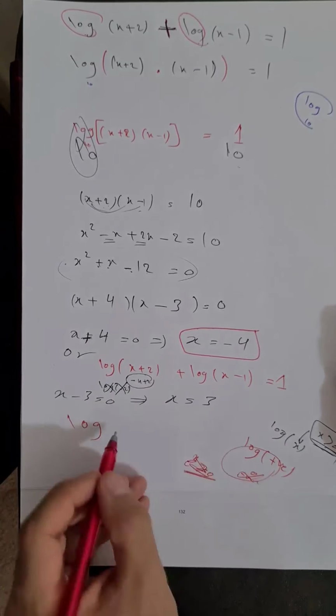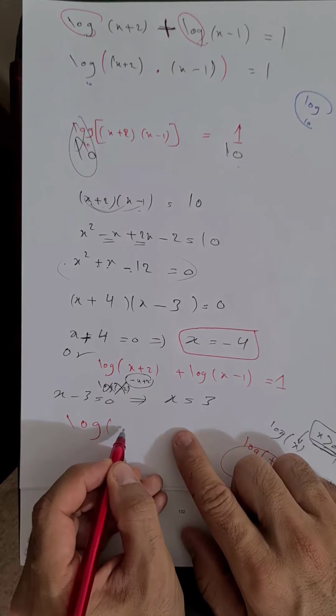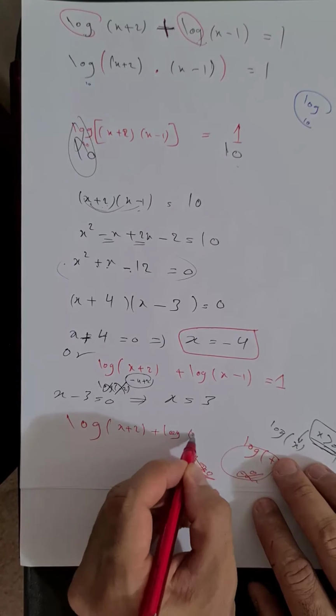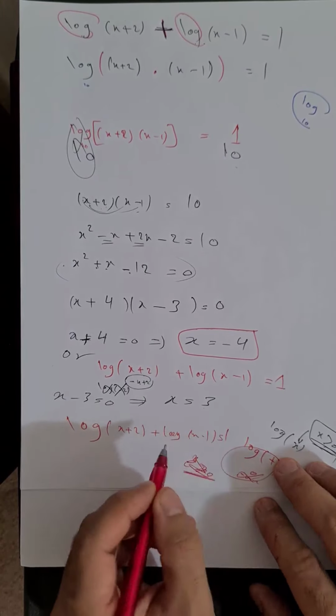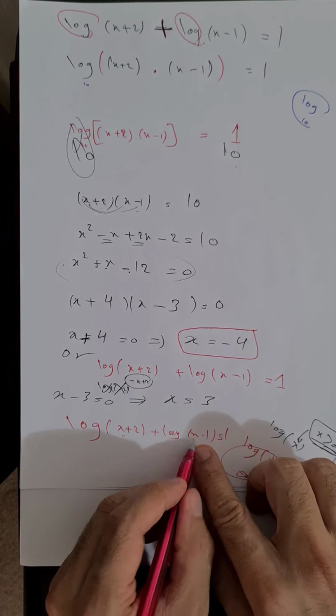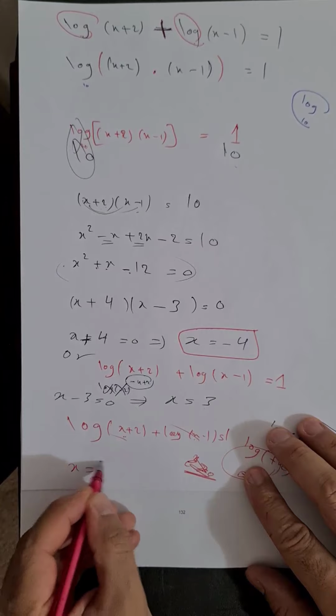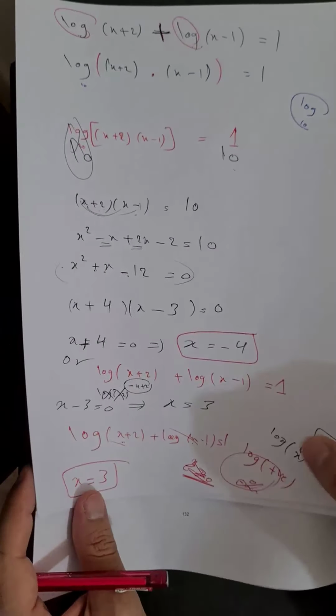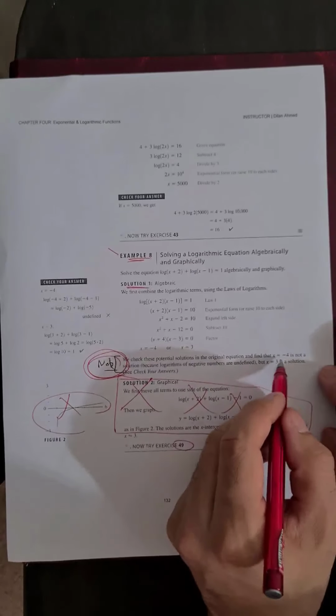How about if I put 3 here? Log of x plus 2 plus log of x minus 1 is equal to 1. If I put 3 here, I'll get log of 5 plus log of 2. So it means that x is equal to 3 is my only solution, because it's acceptable and there's no problem when I put it in.